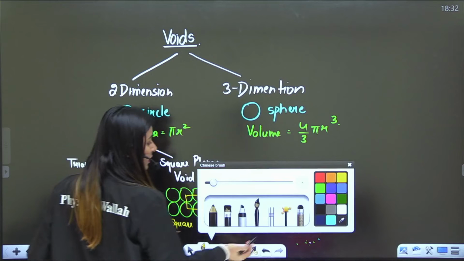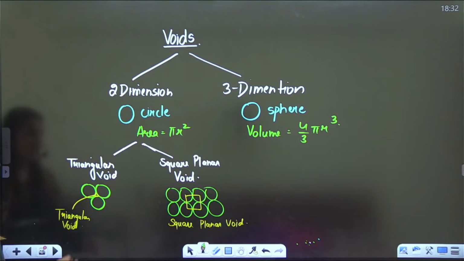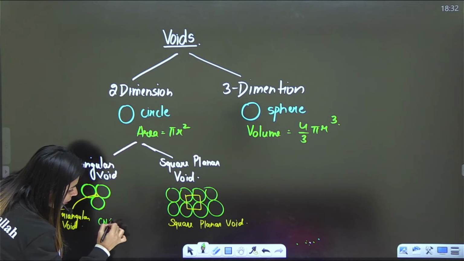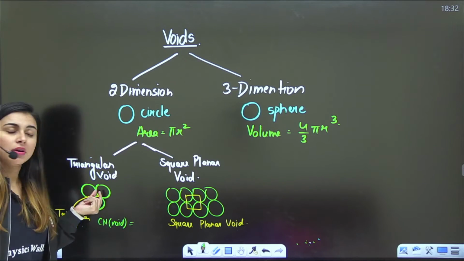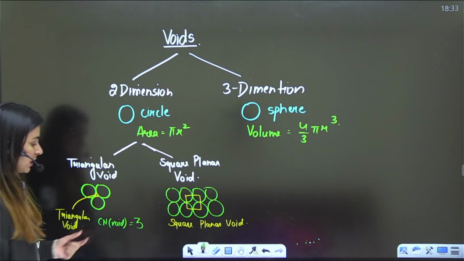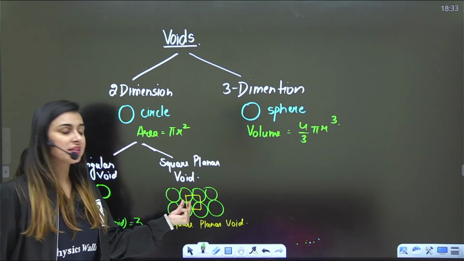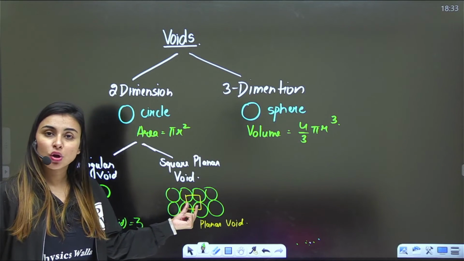Now let's try and talk about the coordination number of these voids. Okay, so now my dear students, the coordination number of the void is how much? You have one void which is made up of 3 atoms, so the coordination number is 3. If you talk about this void, what is the coordination number of this void?